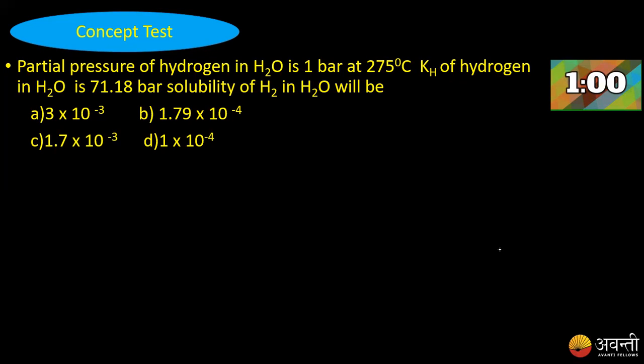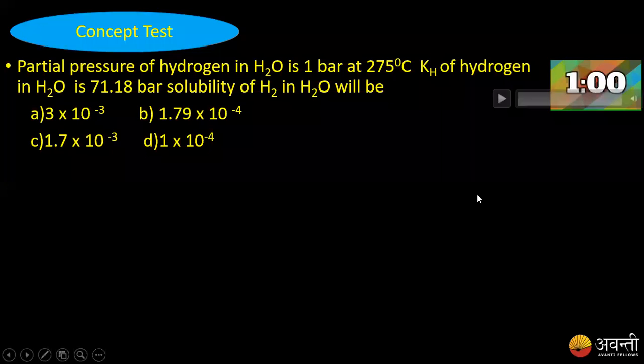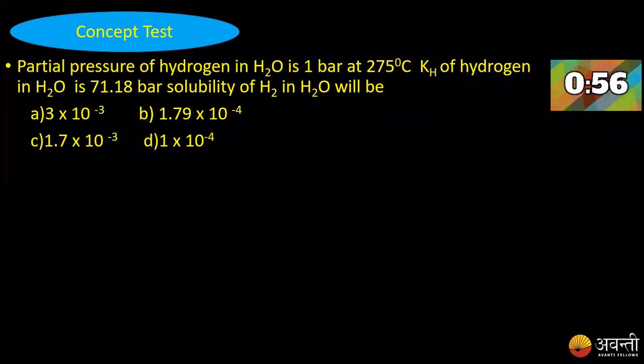If the KH of hydrogen in water is 71.18 bar, then the solubility of hydrogen in water will be what? What mole fraction of hydrogen will be dissolved in water?